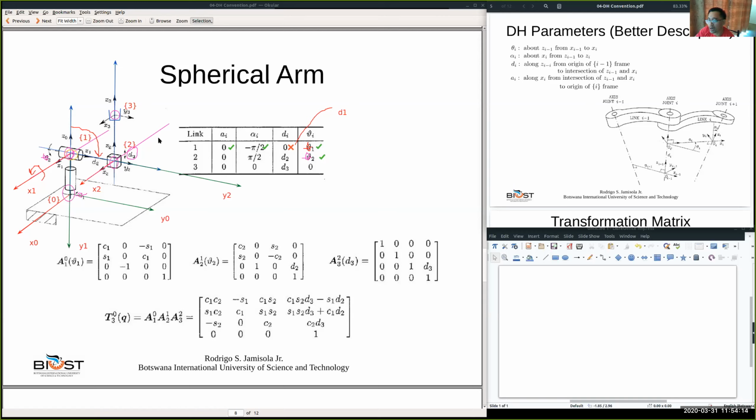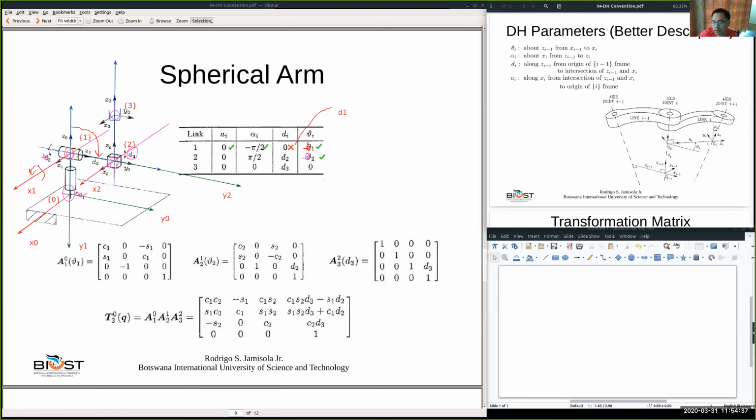Where is Z1? Z1 is here and Z2 is there. So about X2, in the direction from Z1 to Z2, and that is positive. Positive 90.